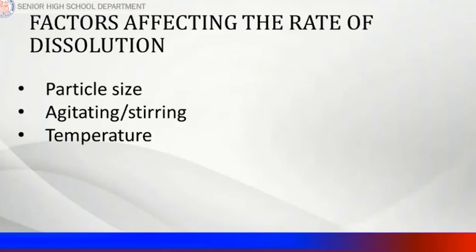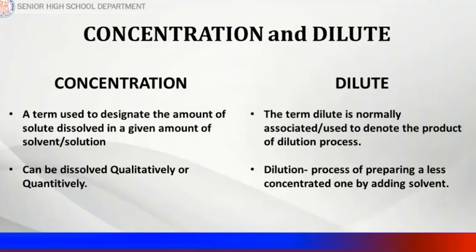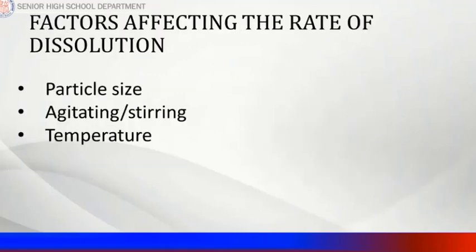So what are the different factors affecting the rate of the solution? We have particle size, agitating or stirring, and temperature. These can affect the rate, meaning how fast or how slow the dissolution is.